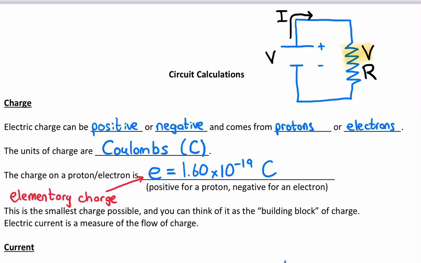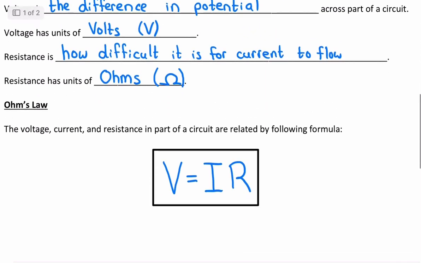Well, that would be the resistor. So that formula doesn't really work over here at the power supply. It doesn't really work over here on a wire. The only place it works is where we have some resistance, which is going to be at a device like a light bulb or a heater or a motor, etc.